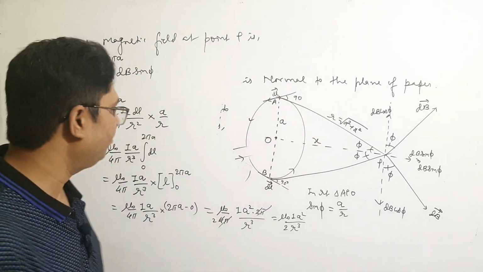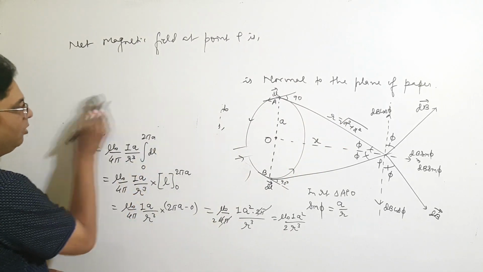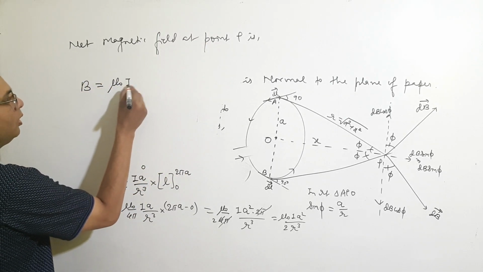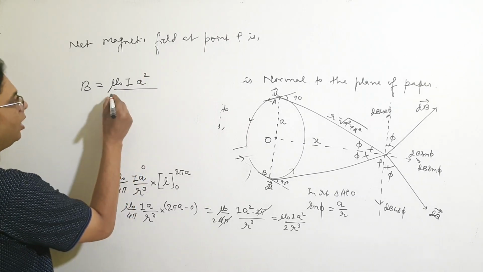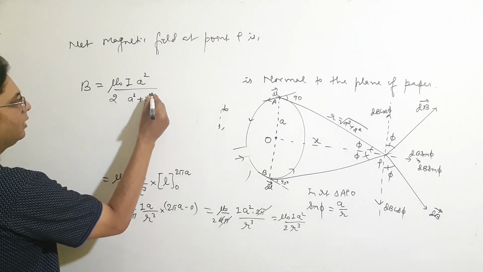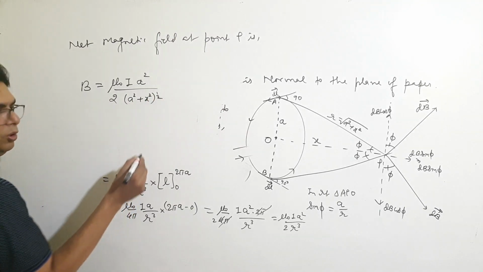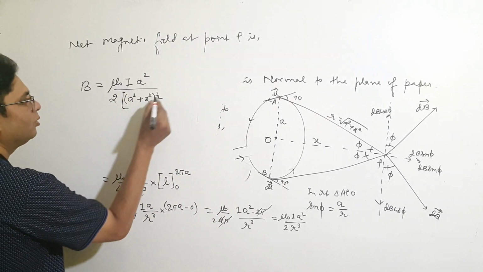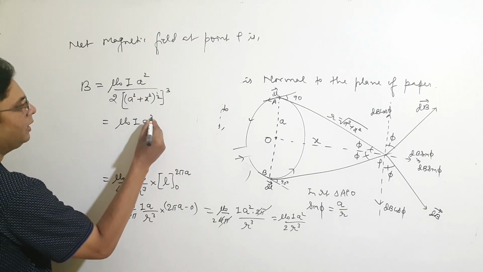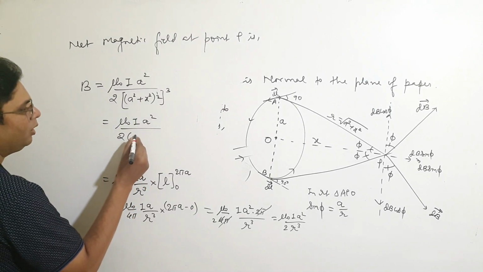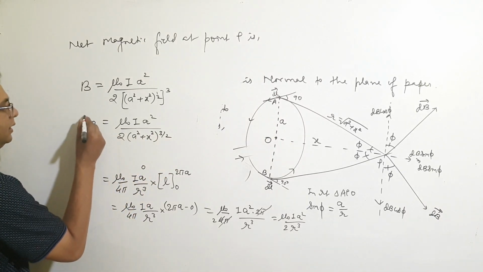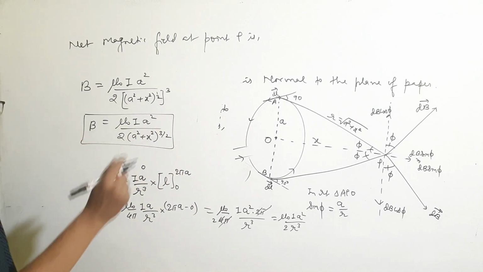Put the value of r here. So B equals mu naught I a square upon 2 times a square plus x square to the power 3 upon 2. This is the magnetic field at point P.